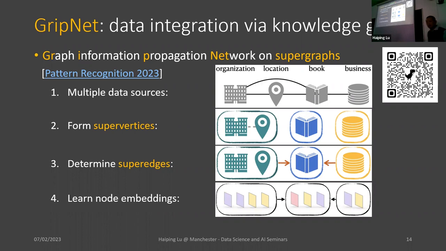Then we can learn the node embedding for these super vertices: for the location and organization, for the book, and also for the business.